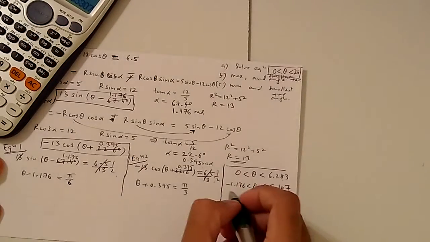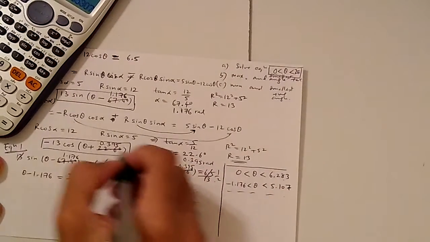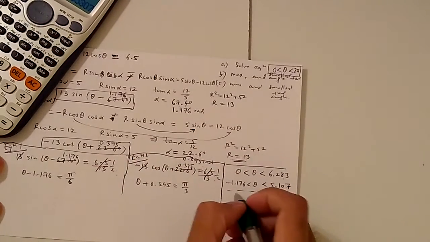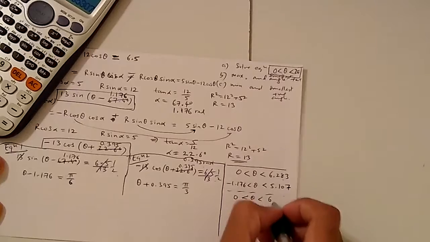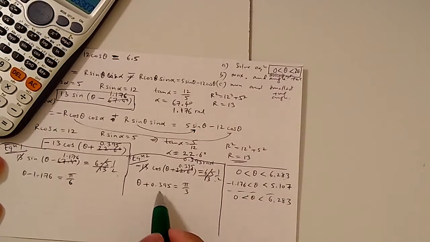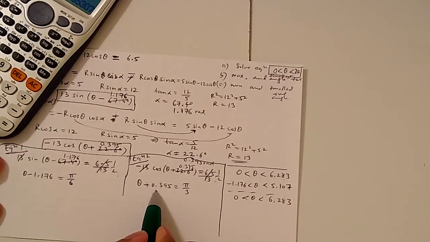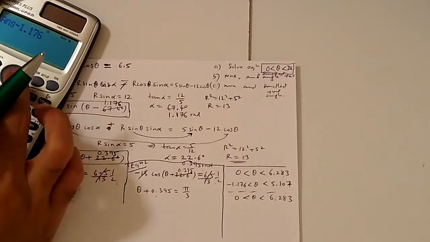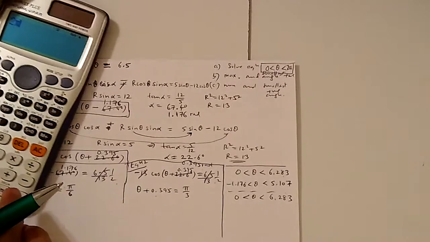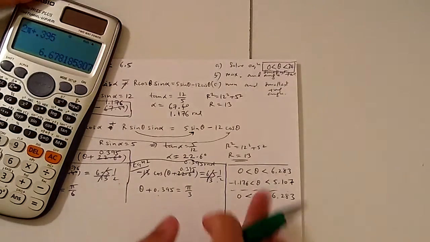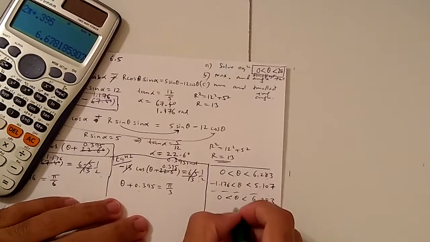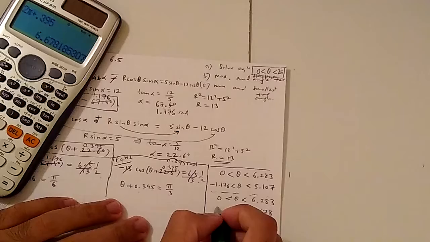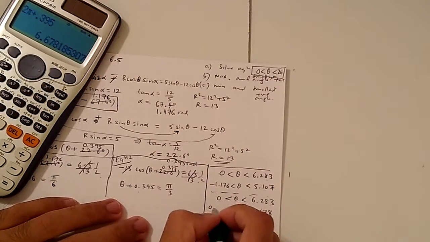Okay, now if you use the second method, in that case 0 is less than theta, which is less than 6.283, that is the starting range. But now you need to add 0.395 to this, and that is going to be 6.678, and over here you have 0.395.